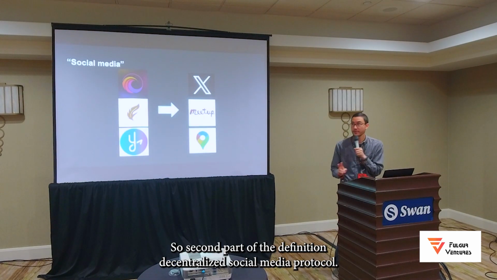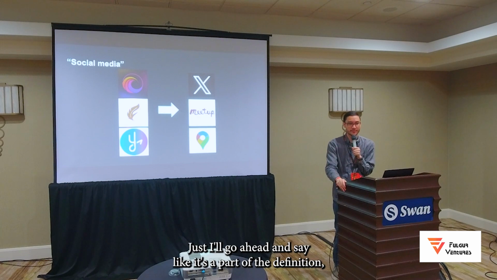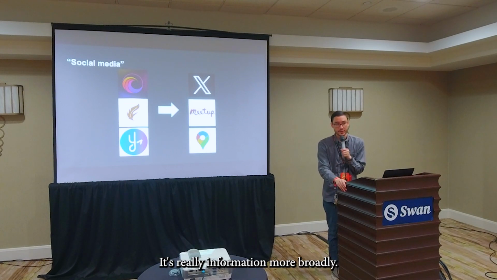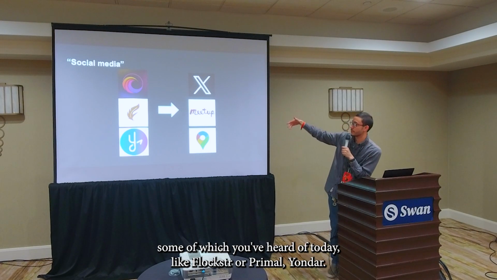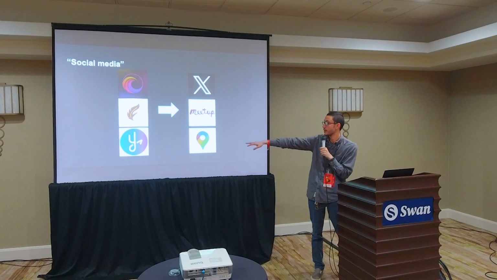Okay, so second part of the definition: decentralized social media protocol. Social media, I'll go ahead and say, is a part of the definition, but it's not really that great of a way to describe what's happening. It's really information more broadly. These are examples of some apps, some of which you've heard of today, like Flockster, Primal, Yonder.